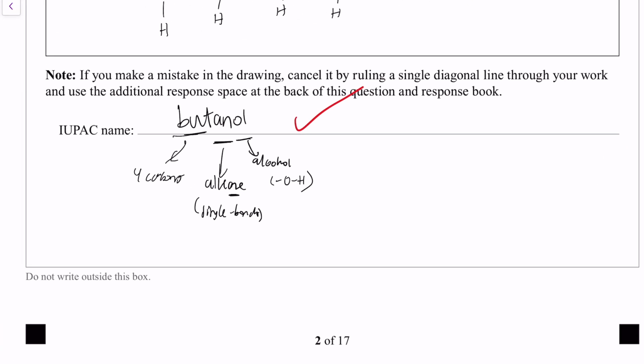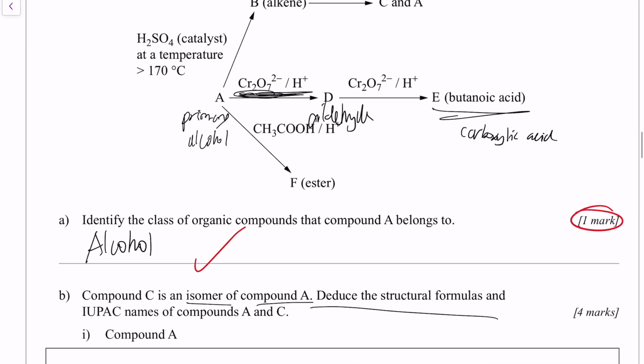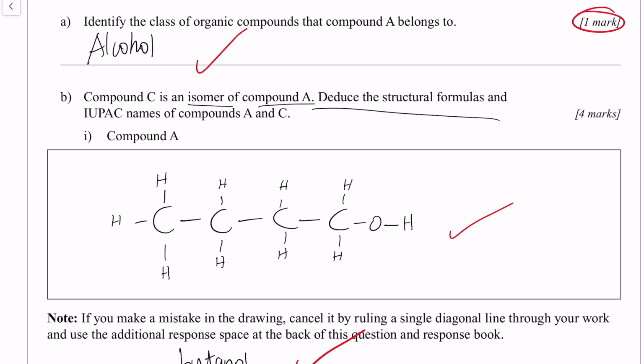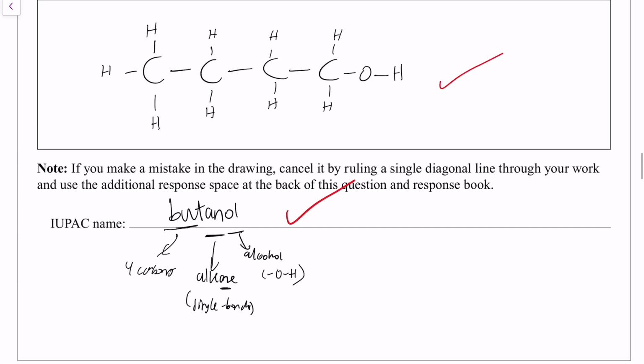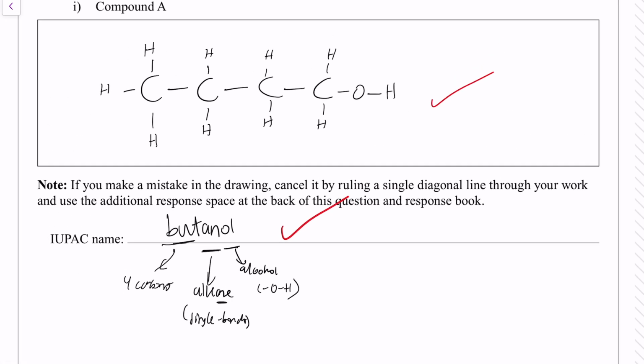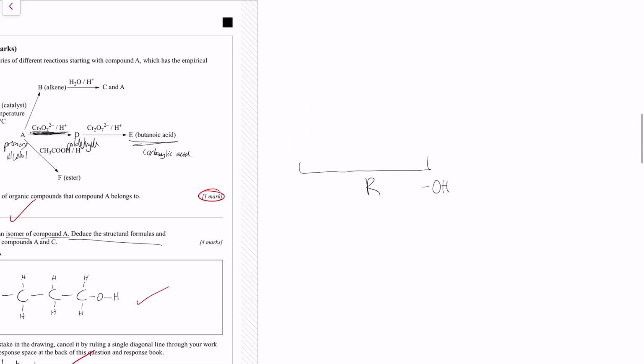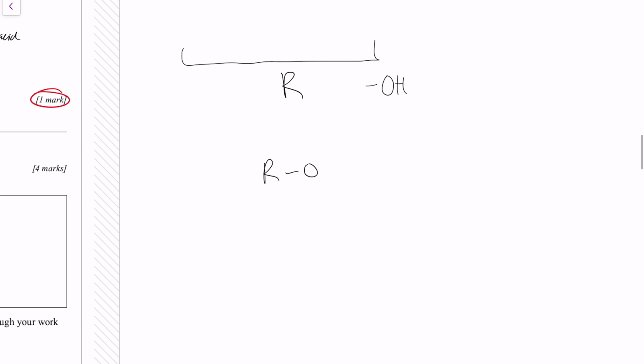So yeah, and then we need to find an isomer for compound A. Now with isomers, the easiest thing I can tell you is, you remember that R group we were talking about? That ROH group?